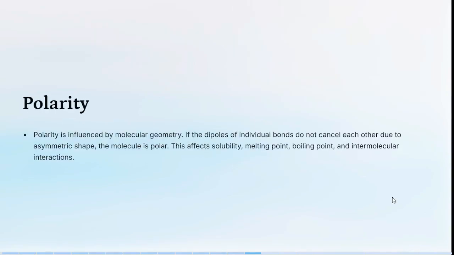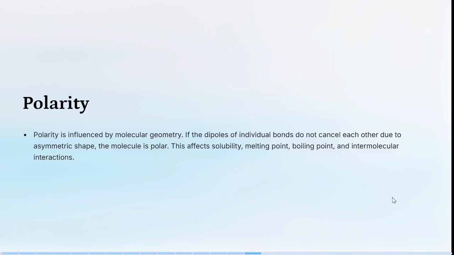Polarity is also a characteristic that influences the molecular geometry. If dipoles of individual bonds do not cancel each other due to asymmetric shape, the molecule is said to be polar. What does this mean?